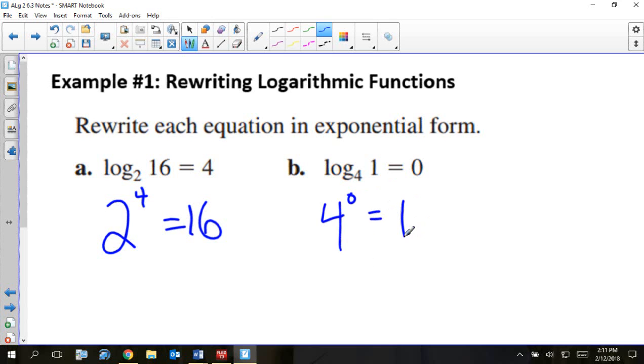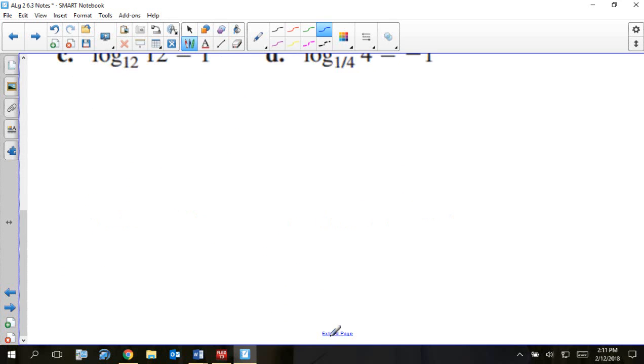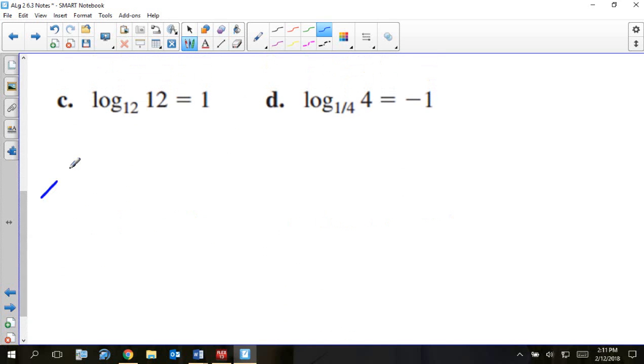It's 4 to the 0 power equals 1. It is. Next, let's read it. Log base 12, exponent 1. 12. Is that true? Yeah.